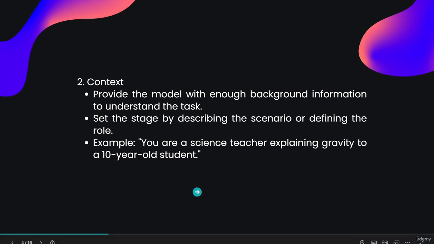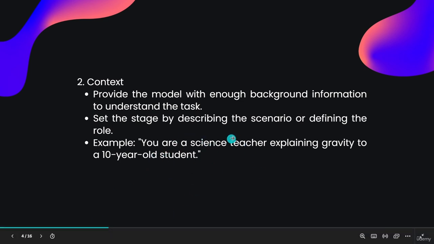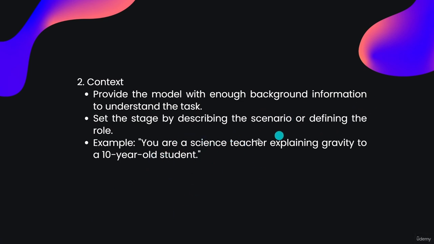When you provide background information, it can be done by defining the role, like "You are a science teacher." So you are providing some background information in which the AI will think it is a science teacher. AI will think, I am a science teacher, I have to explain gravity to a 10-year-old.